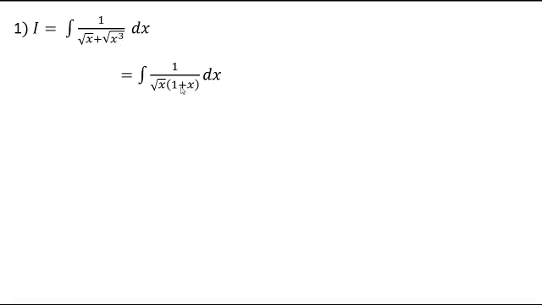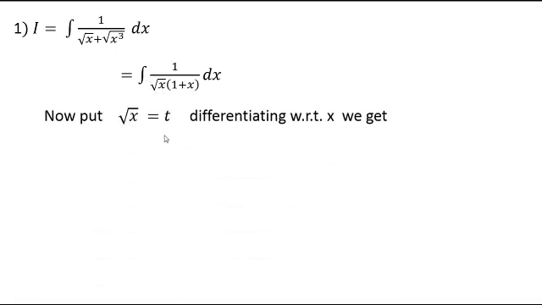Now I will put root x is equal to t. If I substitute root x is equal to t, then to find the value of dx, I will differentiate this and I get 1 upon 2 root x dx is equal to dt, and therefore 1 upon root x dx is equal to 2 dt.